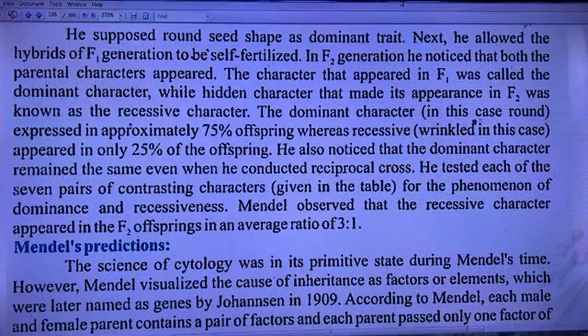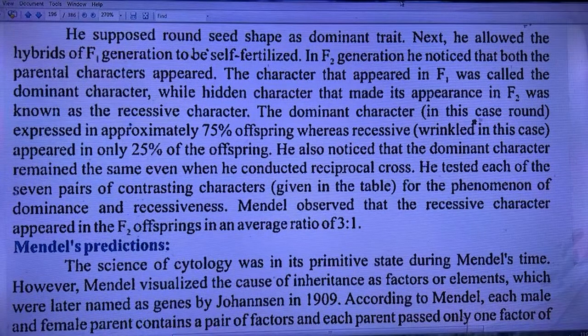Next, he allowed the hybrids of the F1 generation to self-fertilize. In the second generation, F2, he noticed that both the parental characters appeared. The character that appeared in F1 was called the dominant character, while the hidden character that made its appearance in the second generation was known as the recessive character.